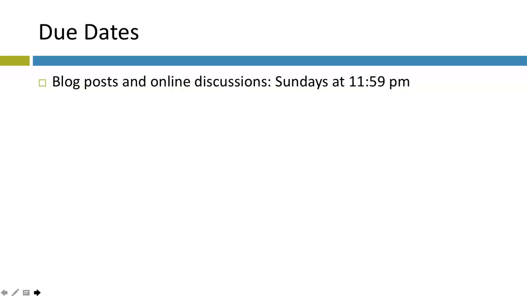And what that means is that that blog post will be due at the very end of week 2 on the Sunday night. Okay, so that's actually the end of next week, the Sunday night. Same thing, week 3, your first discussion post is due. It's due at the end of that week on the Sunday night. And don't worry, I will also be sending out regular reminders to you as well.